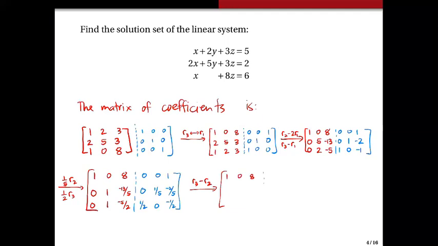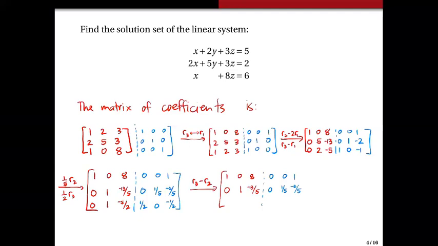You have here 0, 0, 1. For the second row, we still have 0, 1, negative 13 over 5. And then 0, 1 over 5, negative 2 over 5.